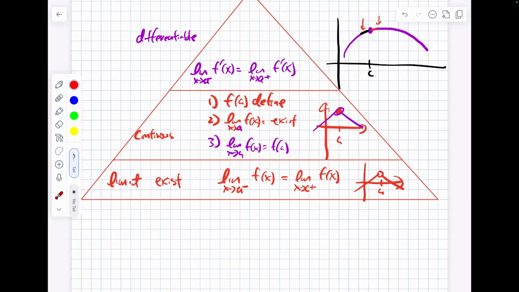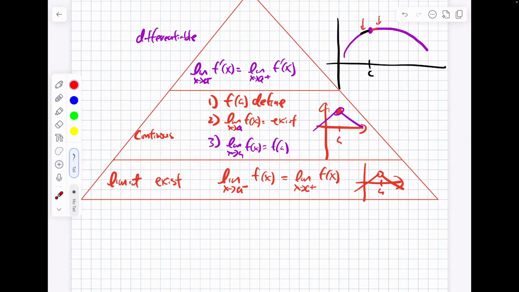On the FRQ, you have to write down that if f of x is differentiable, it implies it's continuous. However, if they say the function is continuous, you cannot say it's differentiable, because you only have the bottom part of the pyramid, not the top part. Continuous does not imply differentiable, but differentiable implies continuous.